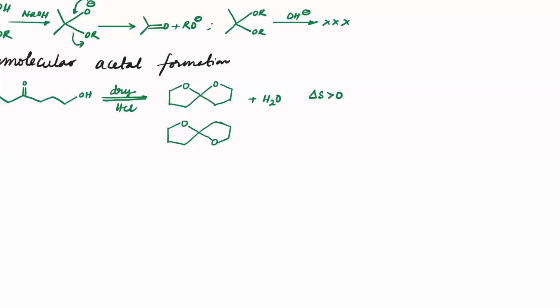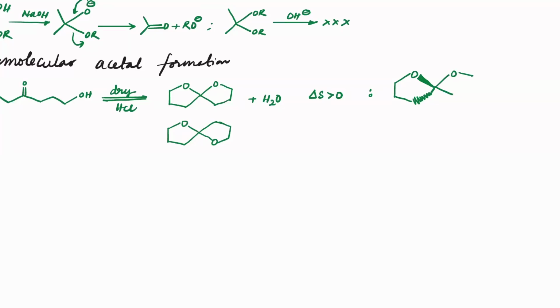Remember it is a spiro form. Spiro form means how is the structure? The structure is like this. Here it is coming out of the plane, and at the carbon it is going inside the plane like this, and here it is on the plane.